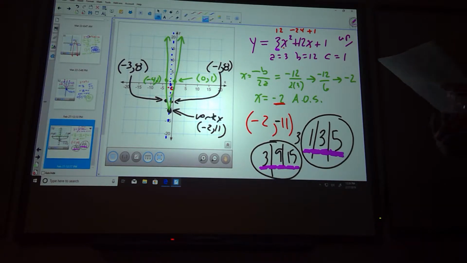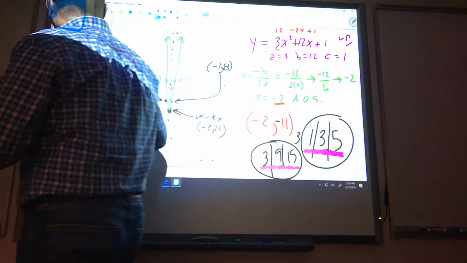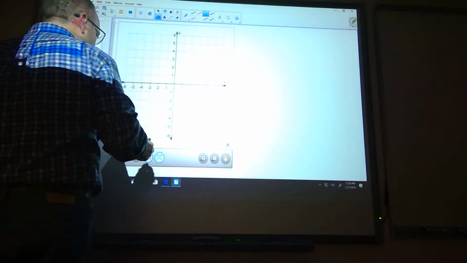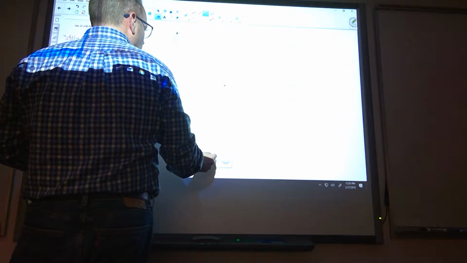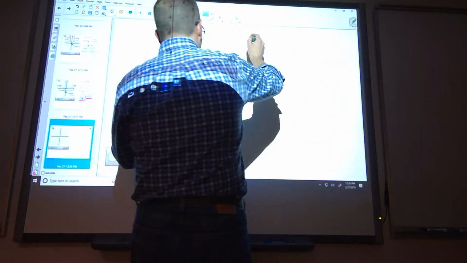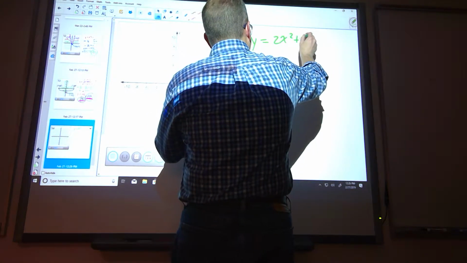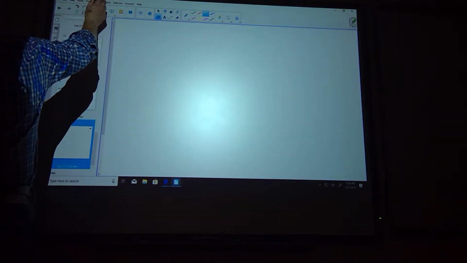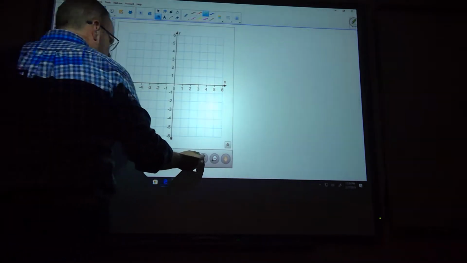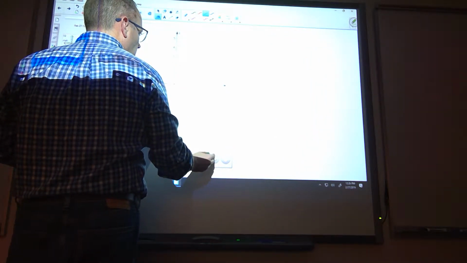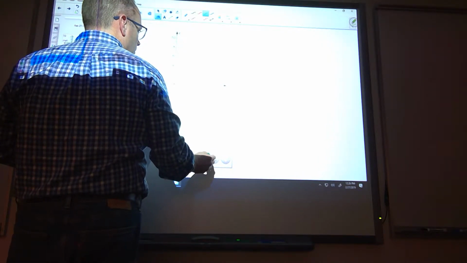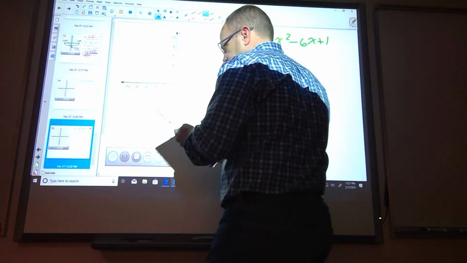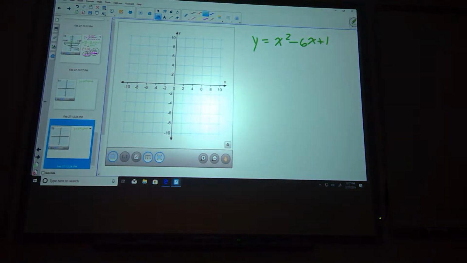So try this. Take about 5 minutes to try it on your own. I would say use the 135 method on the first one and then fill out the table accordingly.